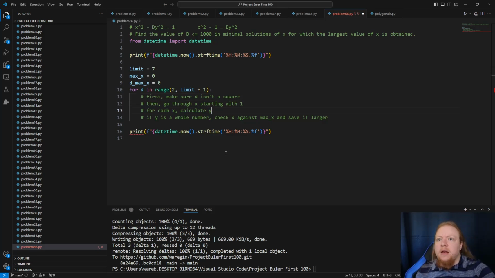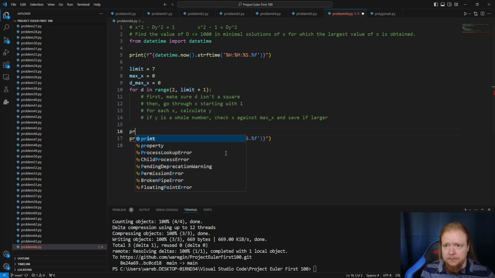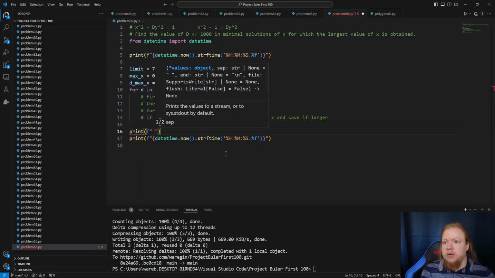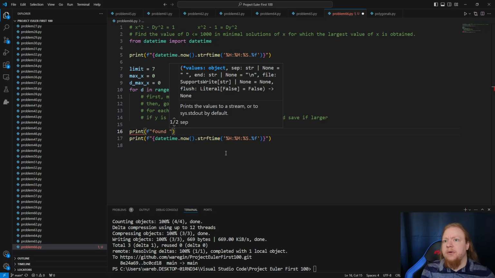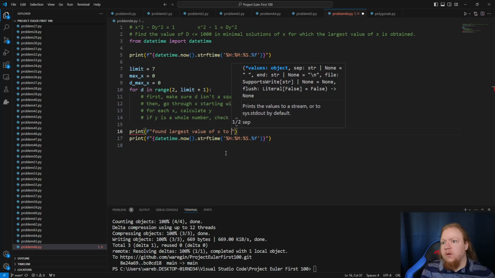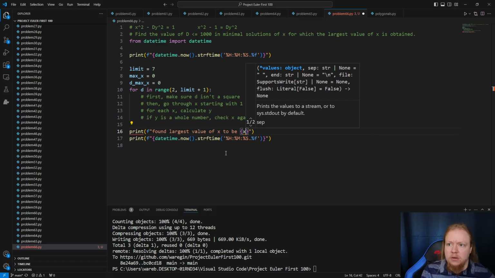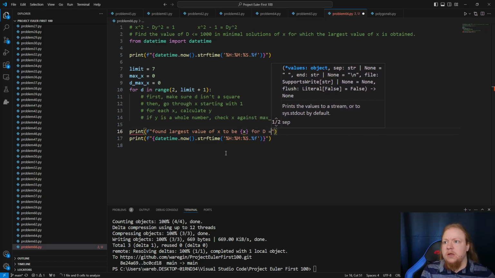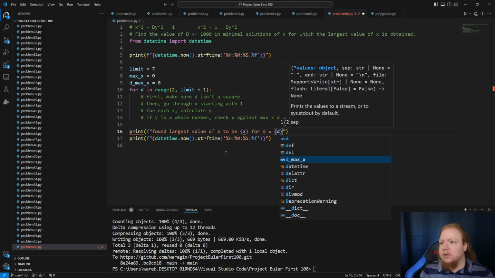Okay, and then at the very end, we're going to print and say found largest value of x to be x for d equals d max x.